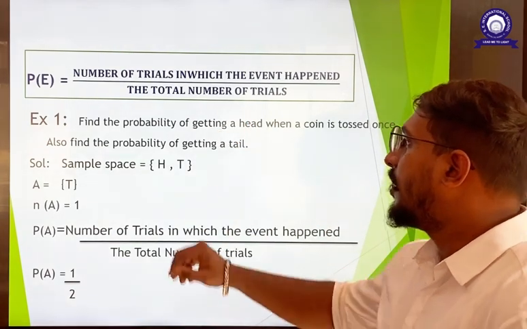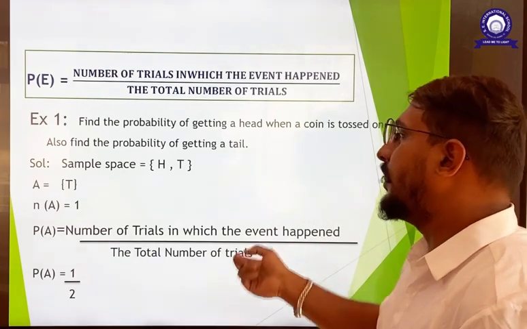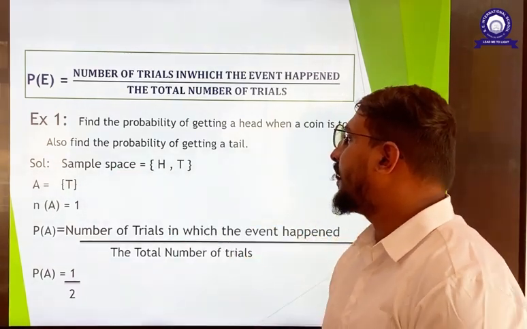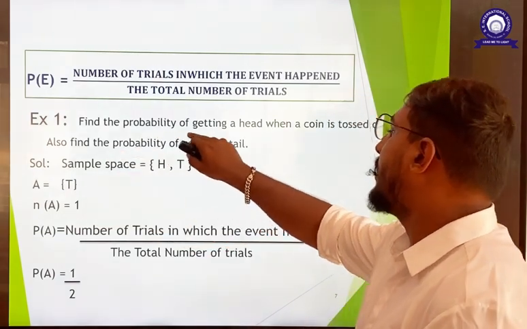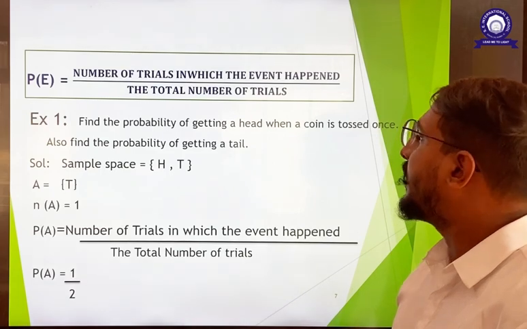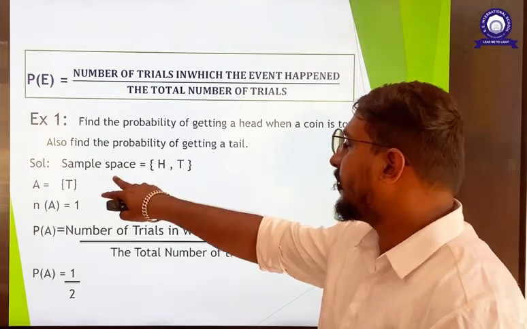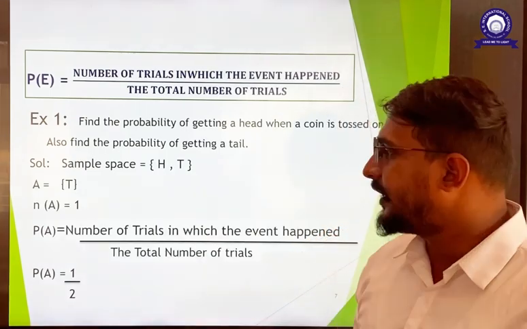Example 1: find the probability of getting a head when a coin is tossed once. Also find the probability of getting a tail. When we toss the coin, the sample space is head and tail.